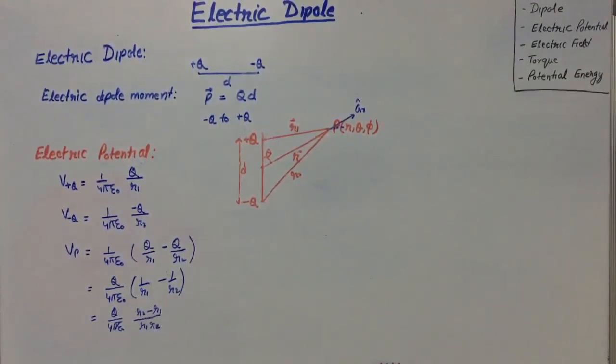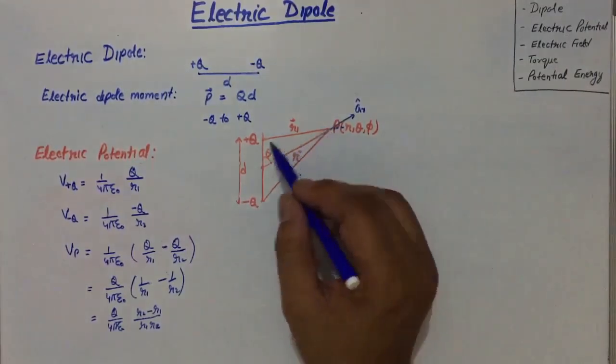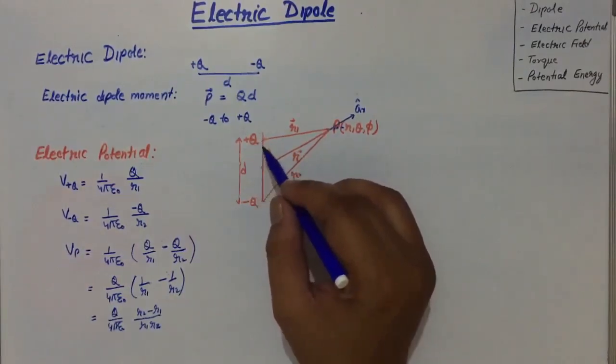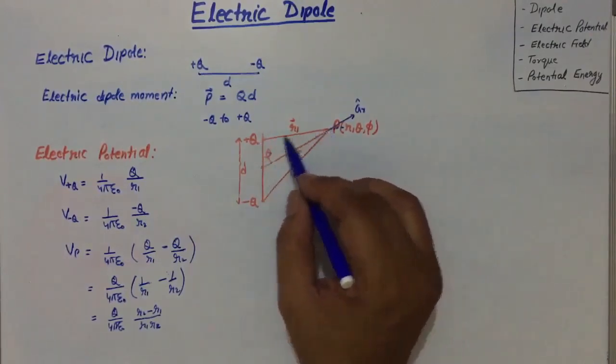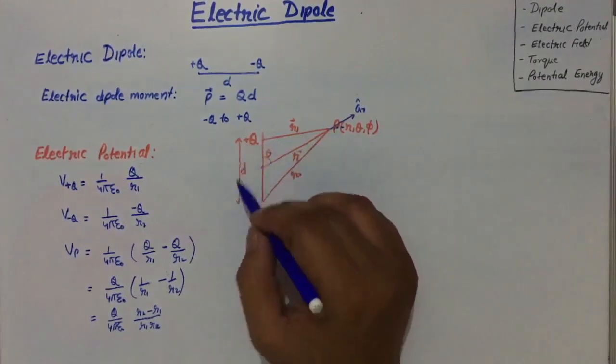Okay. Now consider some assumption, that is, if this point is very far from here, with very far meaning that this distance is very much larger than this.